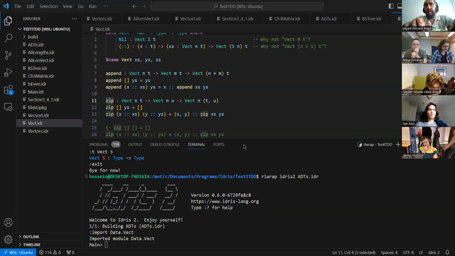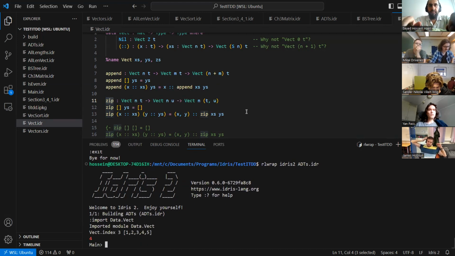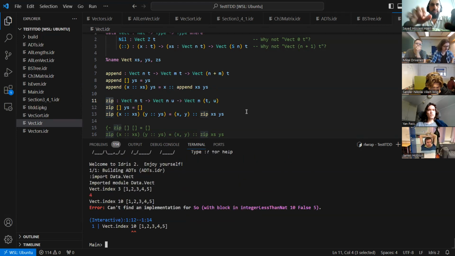Then if I ask for the third element in this list, I get 4, but if I look up the 10th of them, then it says that, well, sorry, 10 is out of bound. Because at compile time, it can figure out that 10 is out of bound. But this is only at compile time.